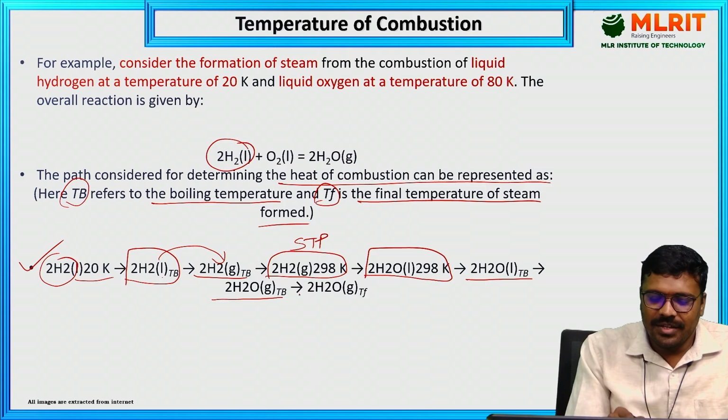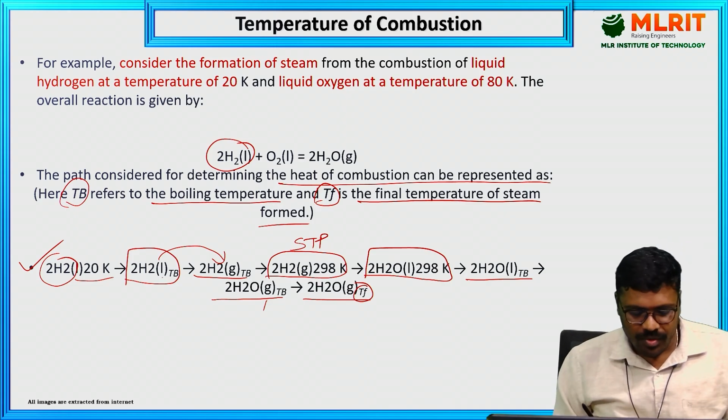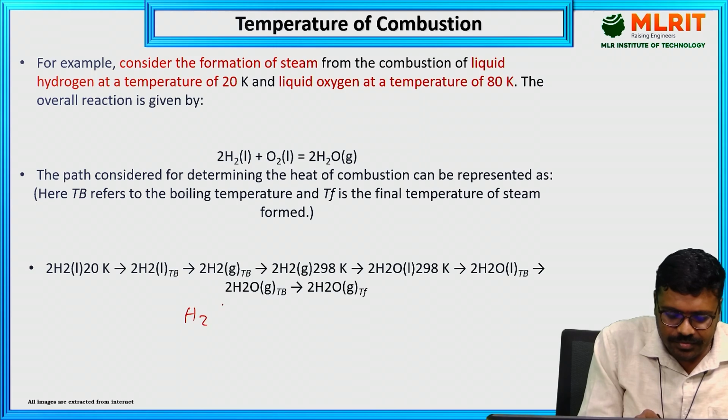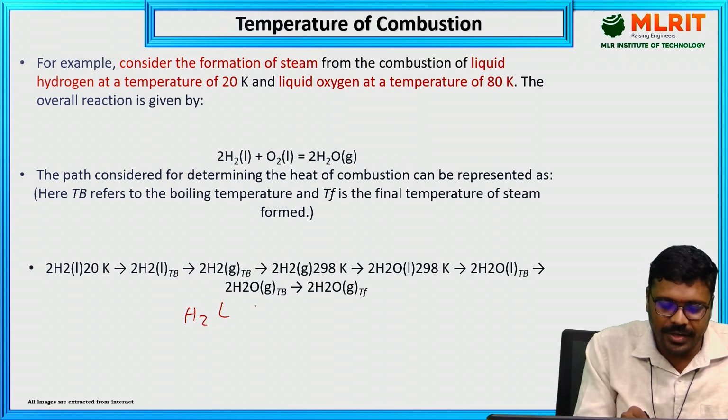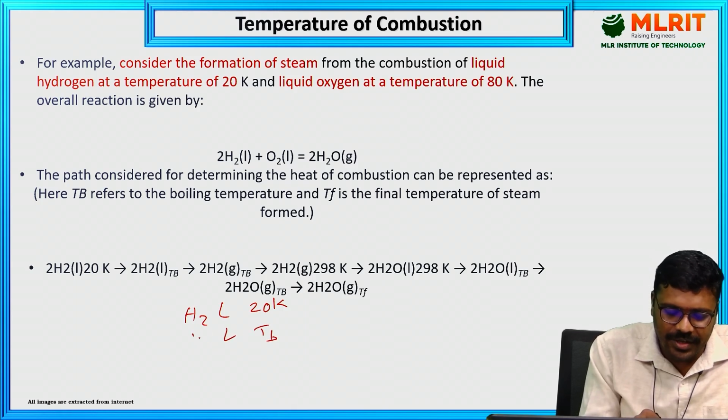After that, at the boiling point, the temperature further increases to the final temperature TF. So the path is: H2 in liquid state at 20 Kelvin, we bring this liquid H2 to boiling point, which is also at liquid state.